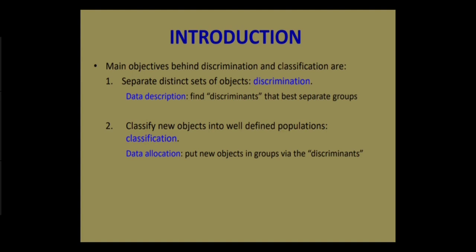We use the discriminators that we defined in the discrimination earlier to put the new object. If we have a new observation, we want to know which group or which population this new observation will go to. This is called classification, or data allocation.